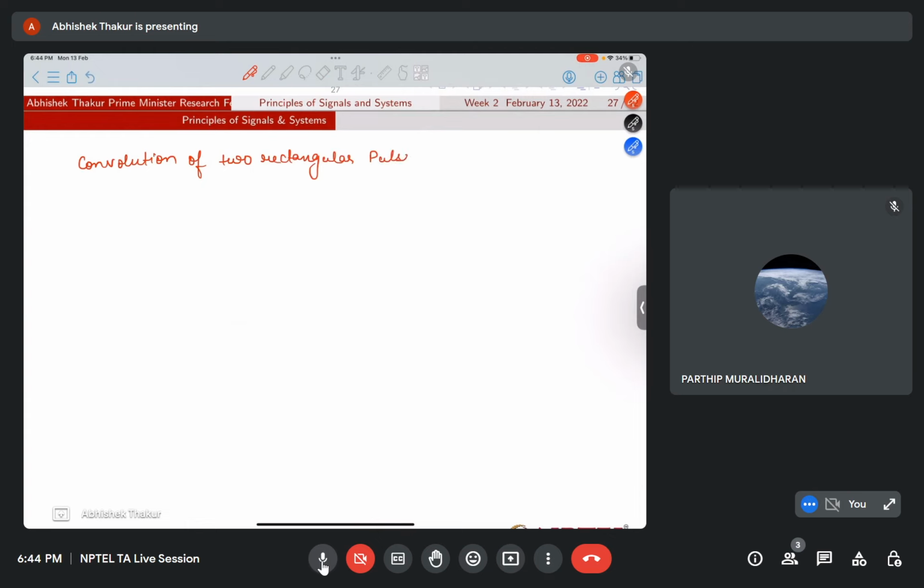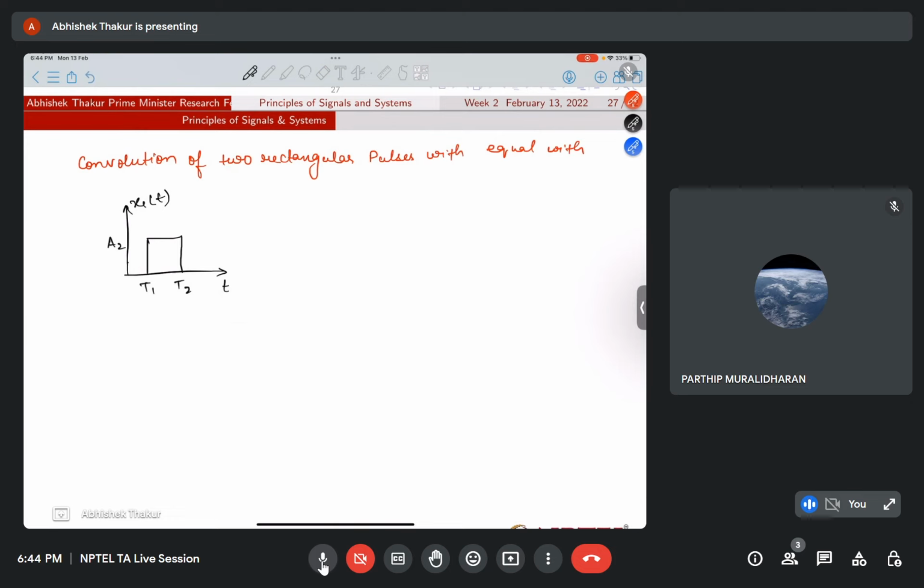Let's suppose the two pulses are given like this. This is very important because this will take very little time and it will save lots of time in the GATE examination. Let's suppose a pulse is given from T1 to T2.